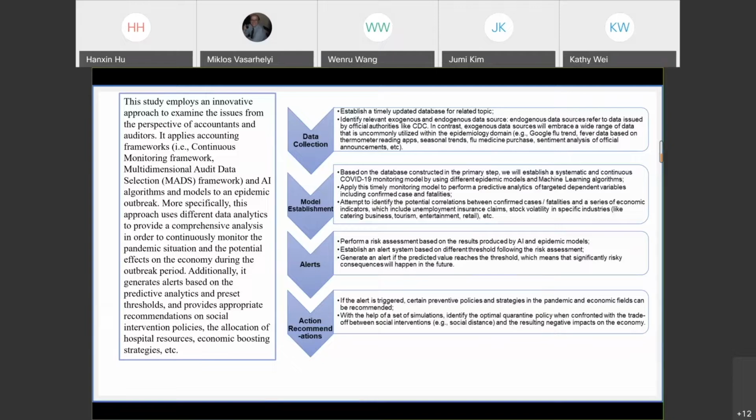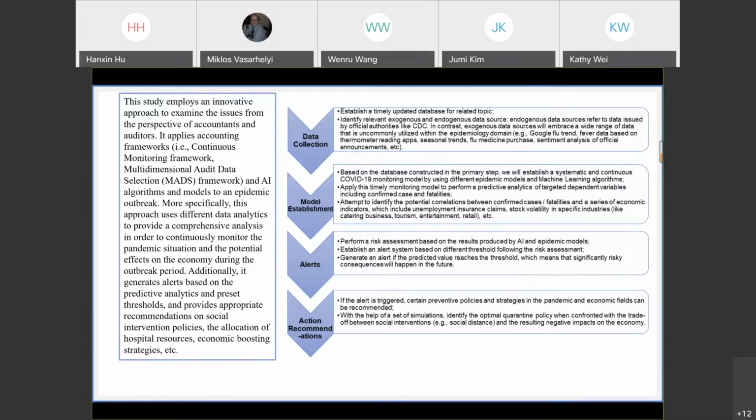More specifically, we'll talk about the framework of our proposal. The first step is to establish a timely updated database for related topic. The data will include two parts. The first part is the endogenous data, which will include the data issued by official authorities like CDC.